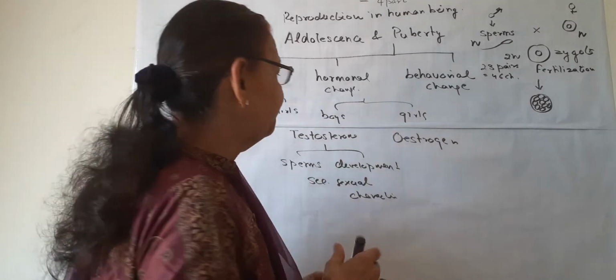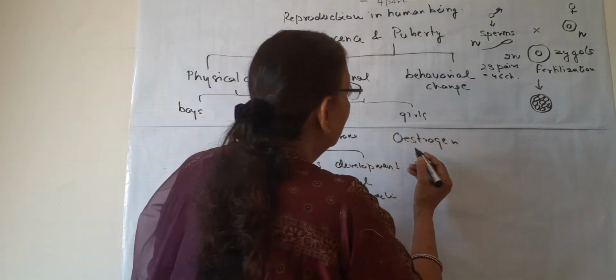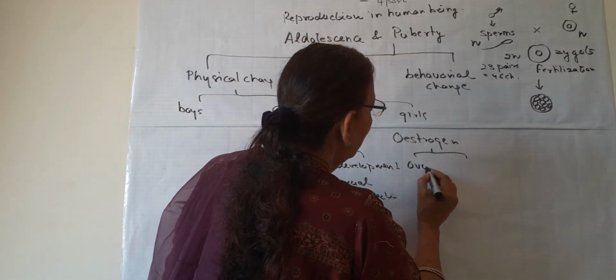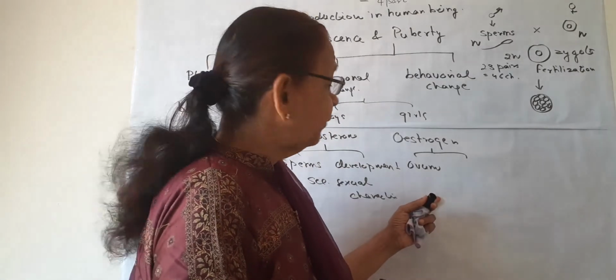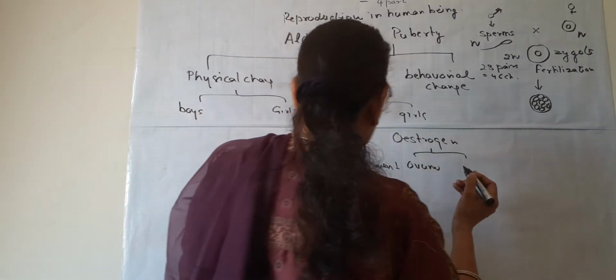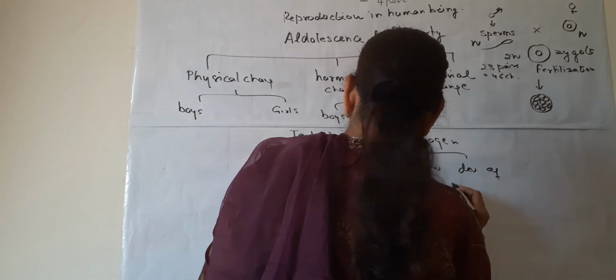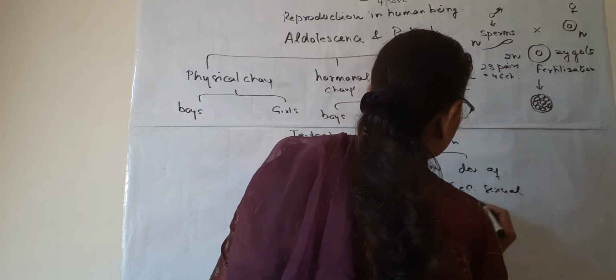Now estrogen, the female hormone, helps in releasing of the ovum. So the ovum gets matured in the ovary under the influence of this female hormone, and it also helps in development of secondary sexual characters.